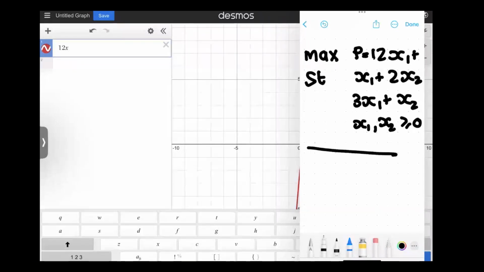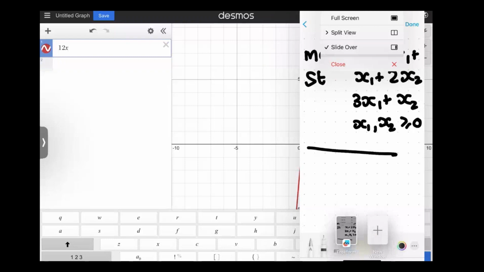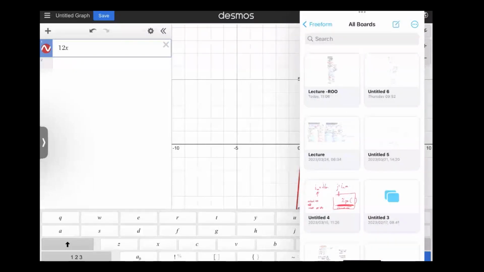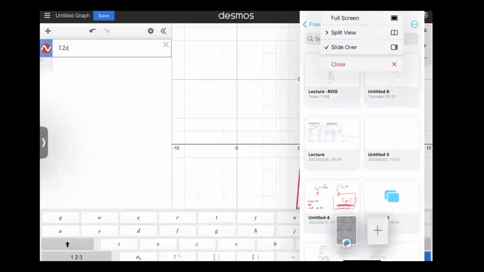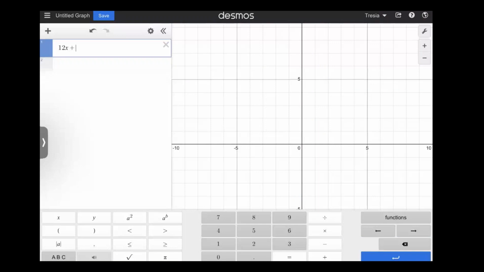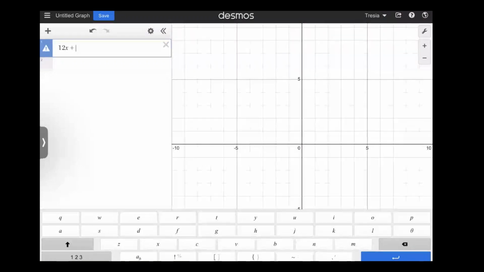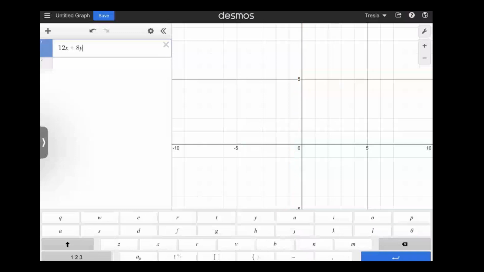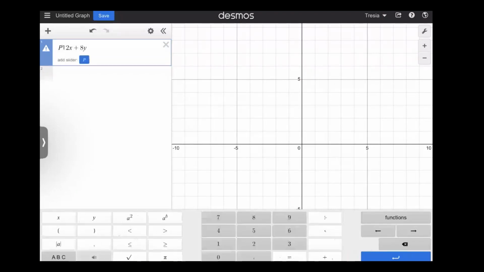I'm going to close this slide over so I can type it. 12x plus 8y, and I'm going to refer to this as P equals.